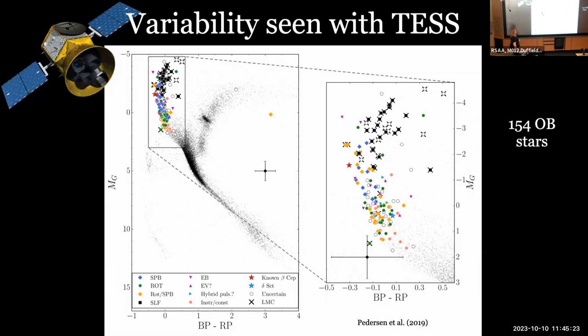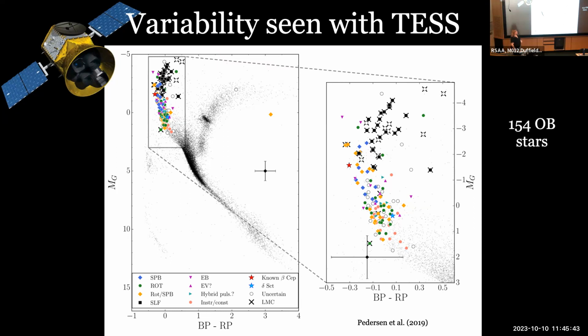As an example, I'm showing here in the colored symbols, not the black ones, a variability study that we did for a sample of 154 O and B type stars from the first light data of the TESS Space Telescope.